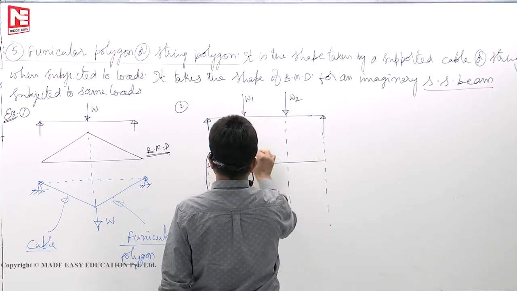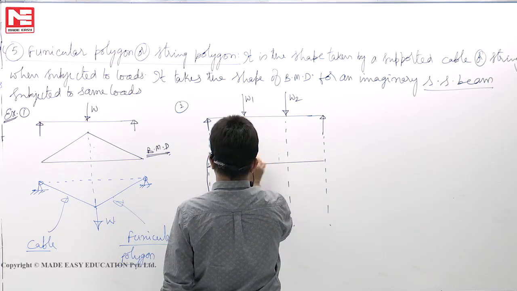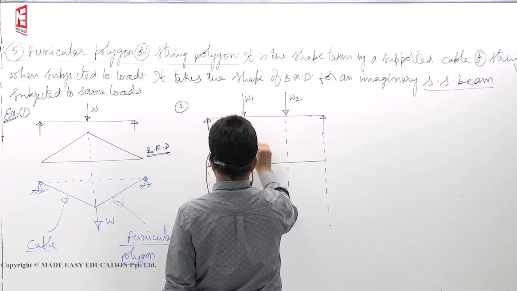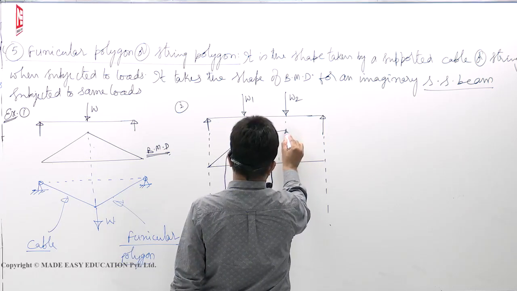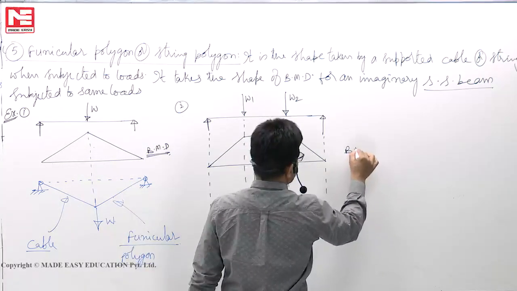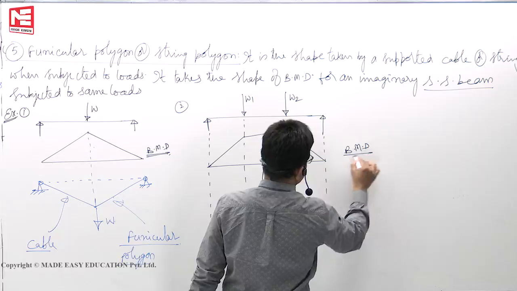The bending moment diagram goes like this, approximately as we have drawn.